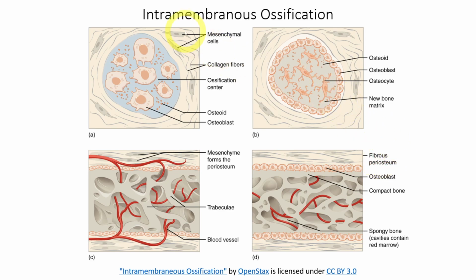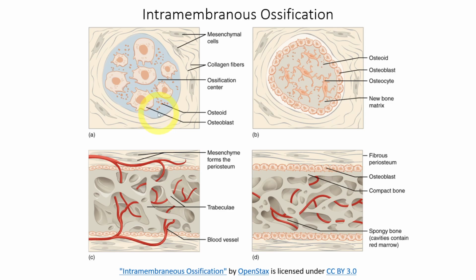So intramembranous ossification. We have some bone, and it's all mostly hyaline cartilage, except there's this spot in the middle where the osteogenic stem cells have diversified into osteoblasts, and they have started forming little bone matrix particles called osteoids.